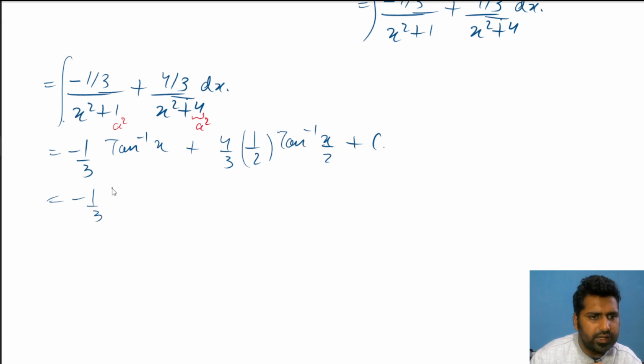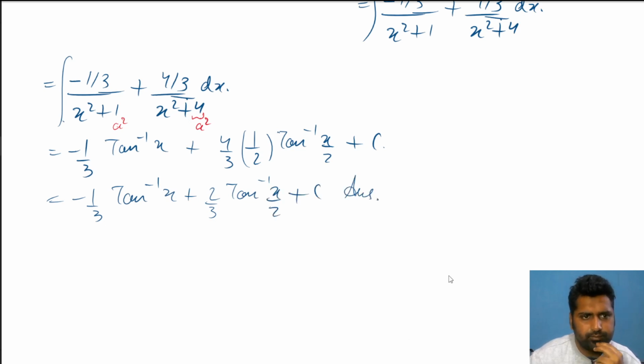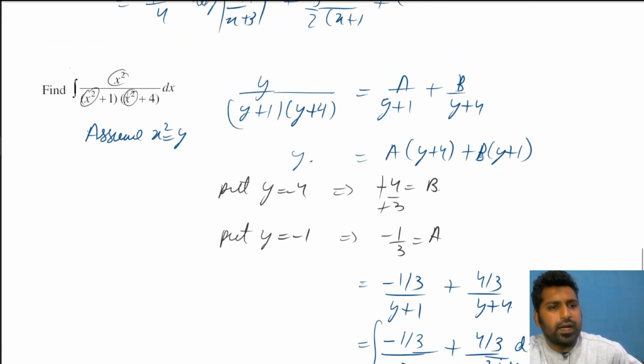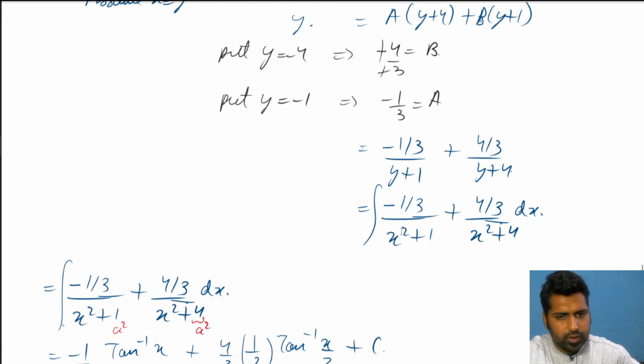So minus 1 by 3 tan inverse x plus 2 by 3 tan inverse x by 2 plus c. The last step is not typical. It's the idea that if it was only y, we would have done partial fraction and then replaced y with x square again. We are not doing substitution, we are just assuming it for the time being, so we can apply partial fraction.